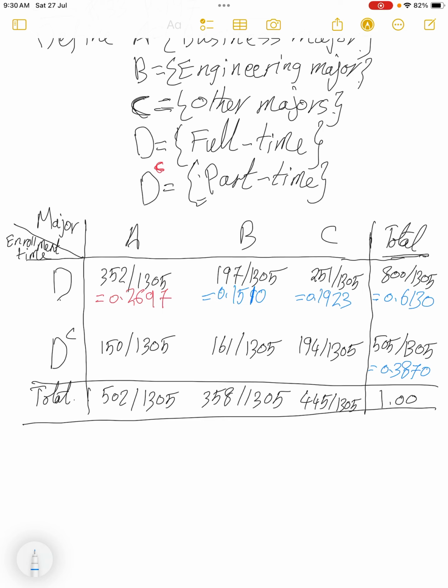Here 194 divided by 1,305, it will be 0.1487. Here 161 divided by 1,305, it will be 0.1234.